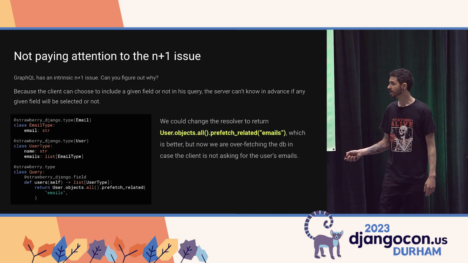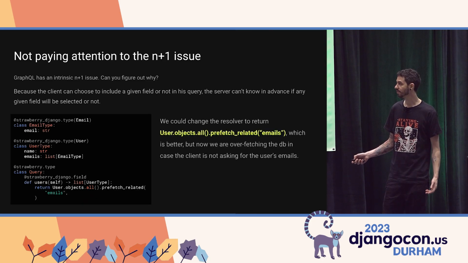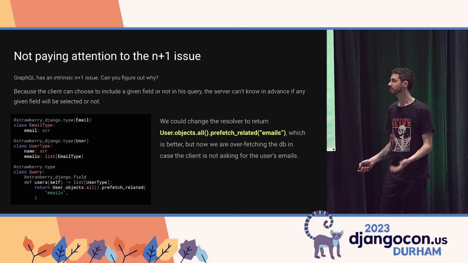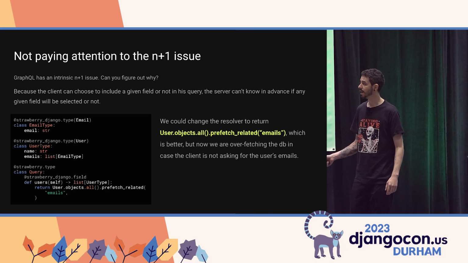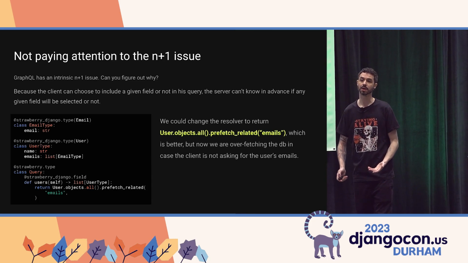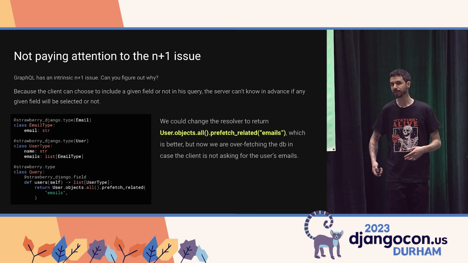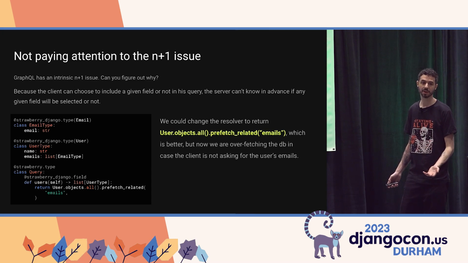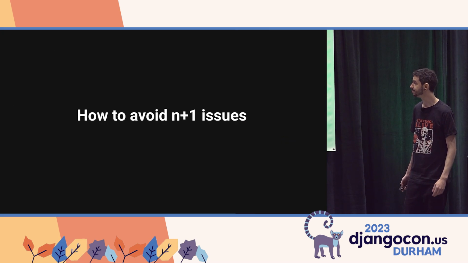We could change that to use Django's prefetch_related to always prefetch the user's emails. But now, if the client doesn't ask for the list of emails, we are overfetching from our database, which is better, but it's not the best approach.